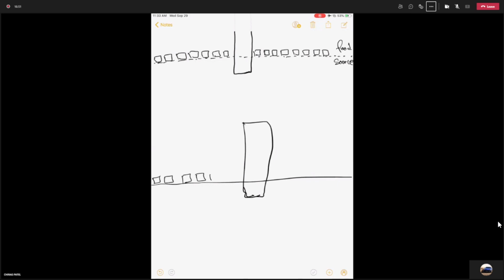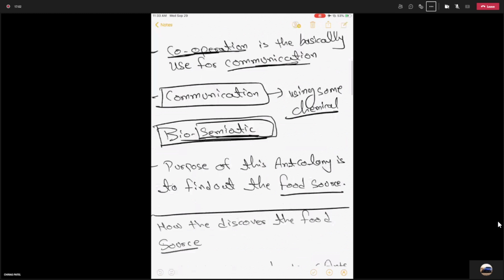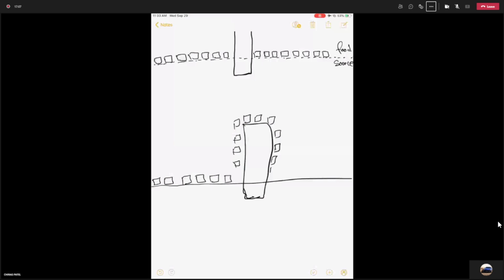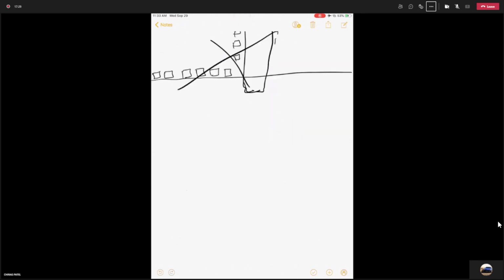Don't think otherwise. They will follow this path also. Some ants will follow this, some ants will follow that path. Just a second. There will not be so many ants on it. Some ants will be there, because otherwise the whole route would be filled.